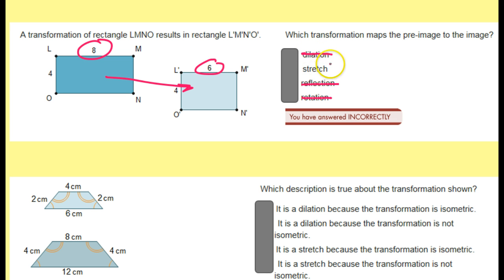So that just leaves stretch. You can have a stretch where the shape only changes in one direction. It doesn't have to change in all directions. So it must be a stretch. Again, dilation would be an equal increase in all or decrease in all directions.